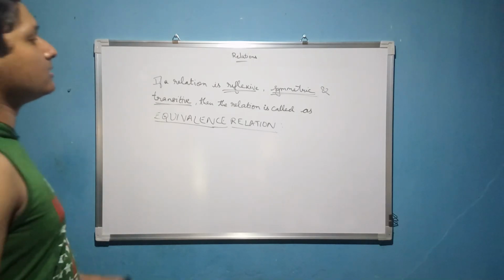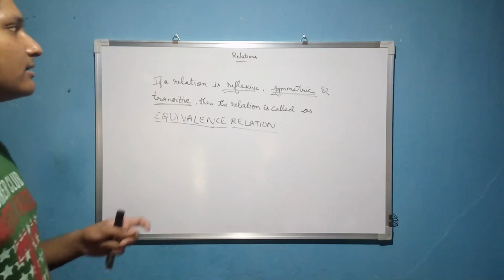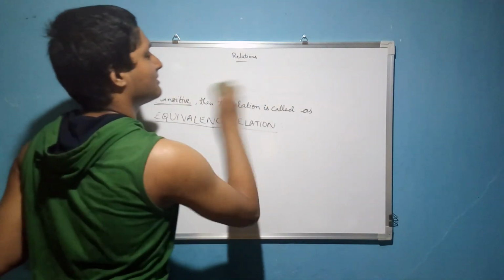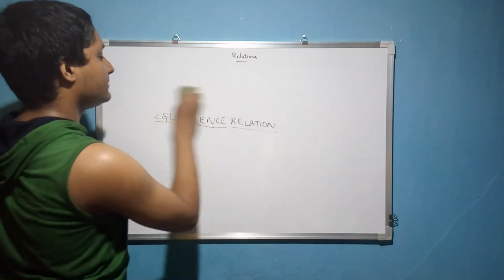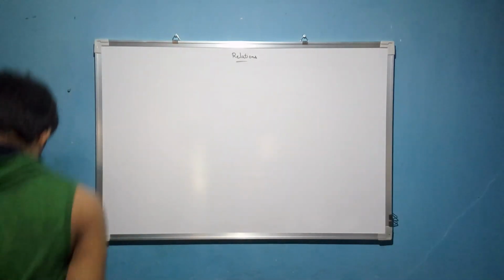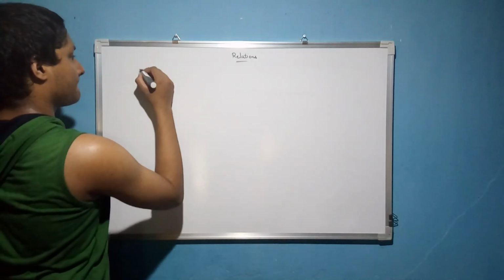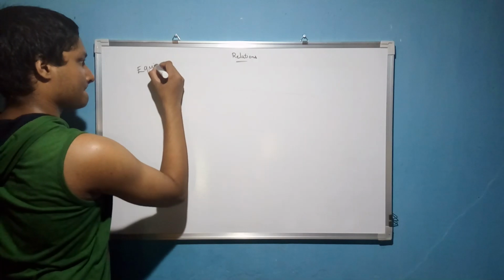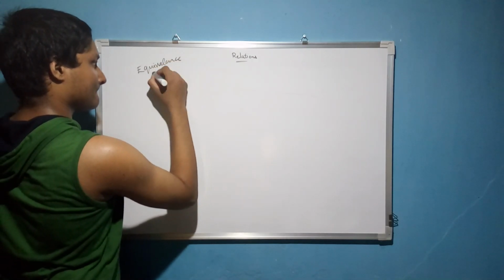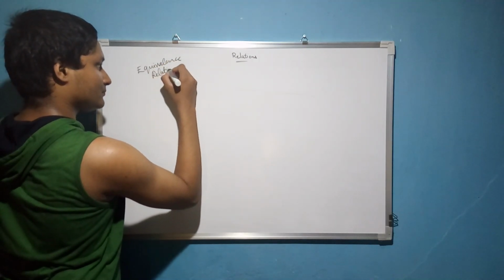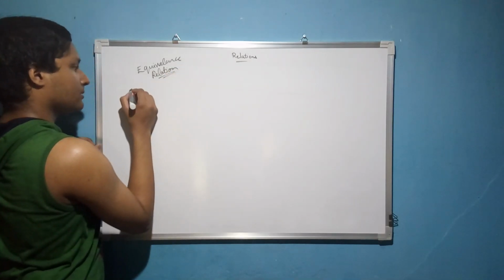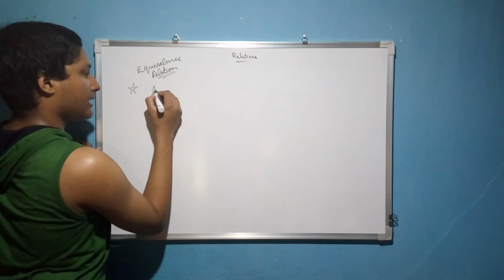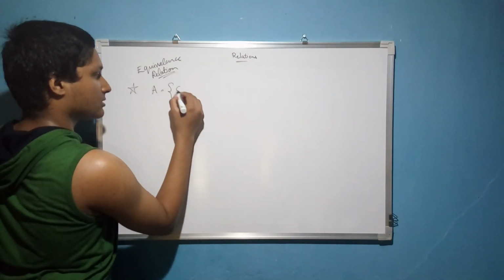Let us take an example for an equivalence relation. I am feeling bored taking the numbers 1, 2, 3 and all. Now let it be a relation, say A is a set of all triangles.